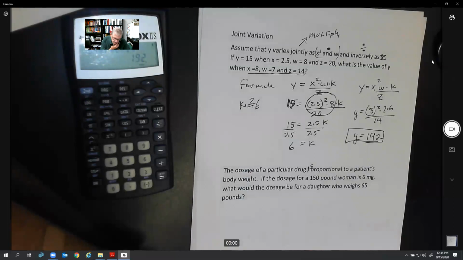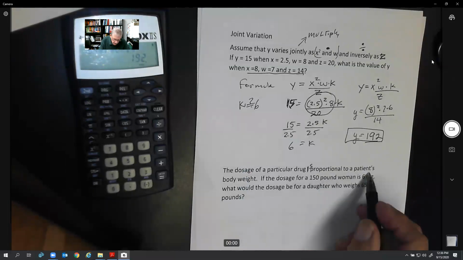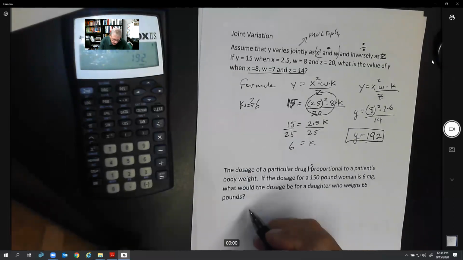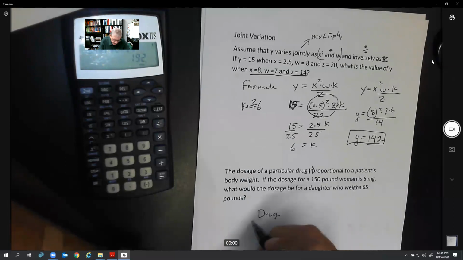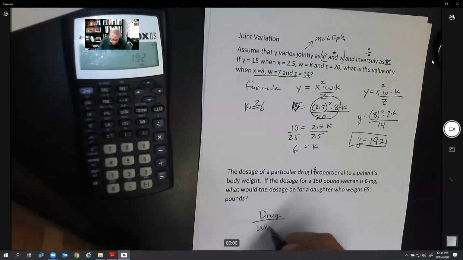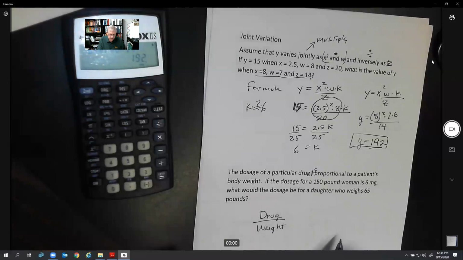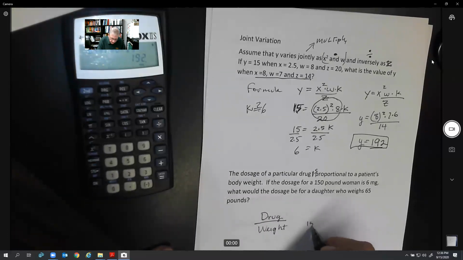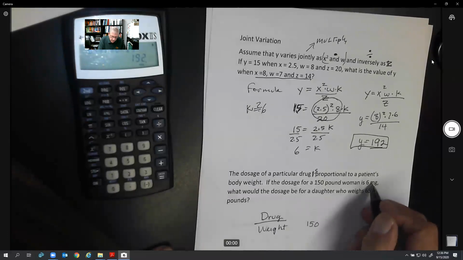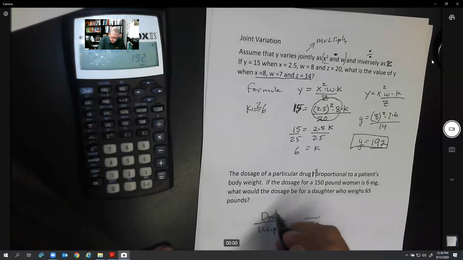It says this drug is proportional to a person's weight. So let's put the drug on the top and the weight on the bottom. So the person's weight is 150 pounds. We'll put that down here. And the drug we want to give is 6 milligrams. This is in milligrams.